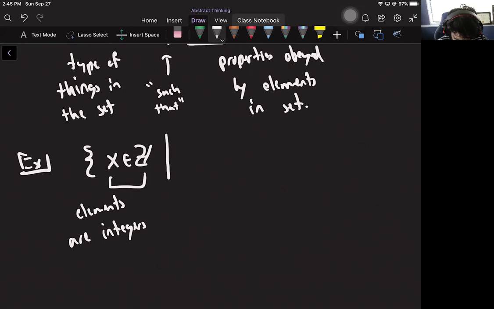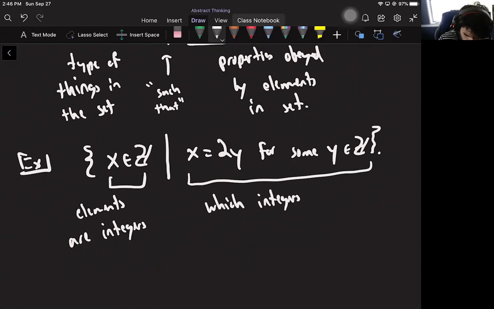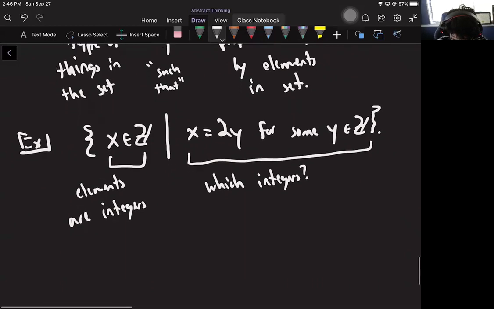The integers such that what happens? Well, how about the ones that are equal to 2 times y for some y in Z. So here I'm saying not all the integers, just some of them. Just the ones that look like 2 times y for some y.